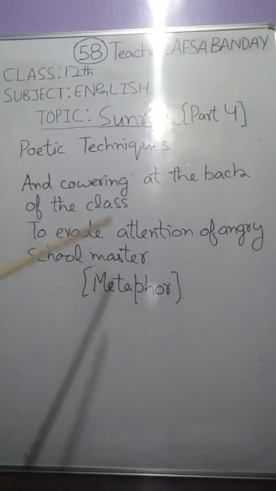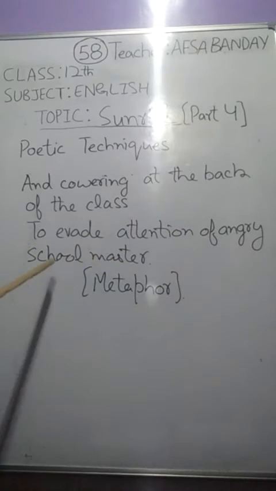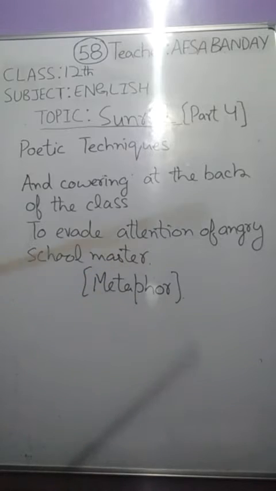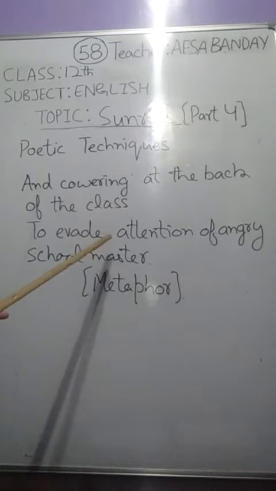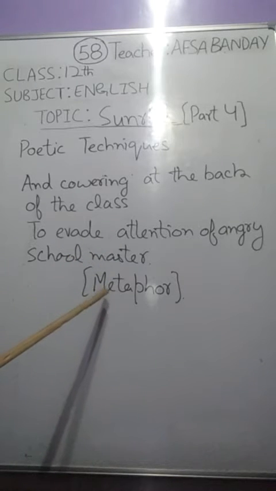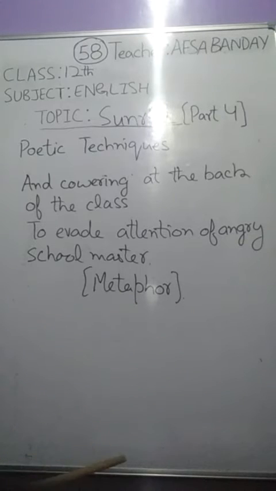The sun has not appeared on time, so it's angry, and it's the schoolmaster. In fact, in the coming lines, it starts rebuking the sun just like a schoolmaster. So a comparison has been made between the schoolmaster and the sky, but it is an indirect comparison, so it's an example of metaphor.